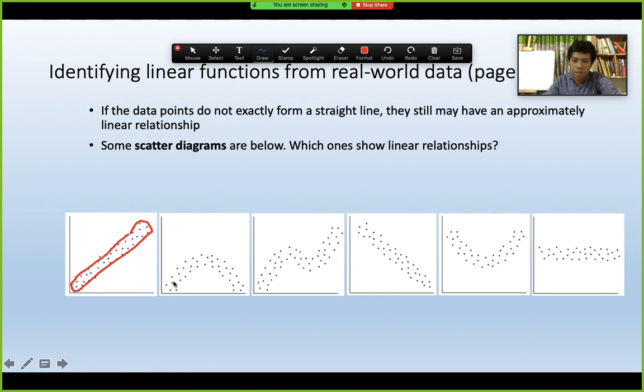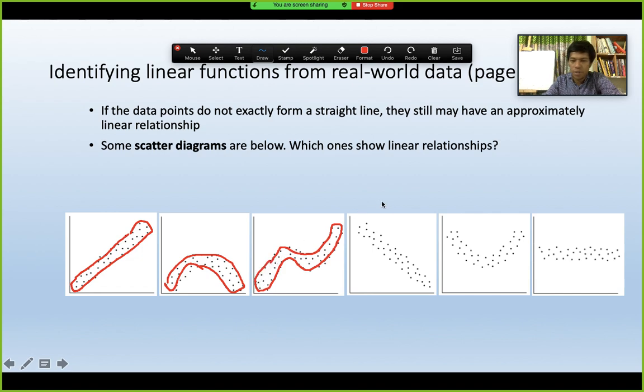All the data looks like a straight line. But this one looks like a curve. If you take all the data into account, you will see that it looks like this. Then this one goes like this, and then it goes like this.